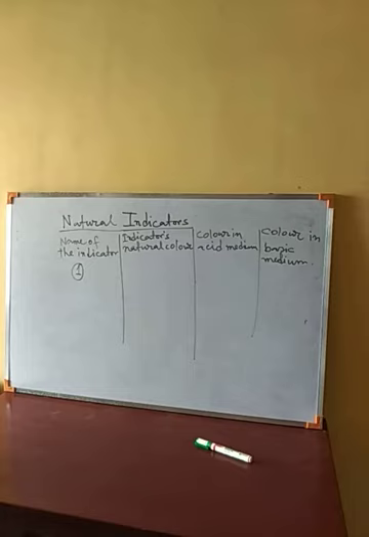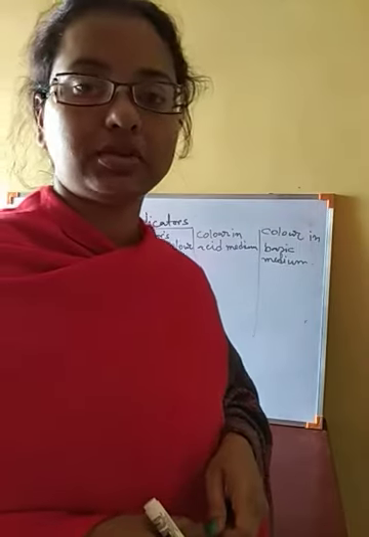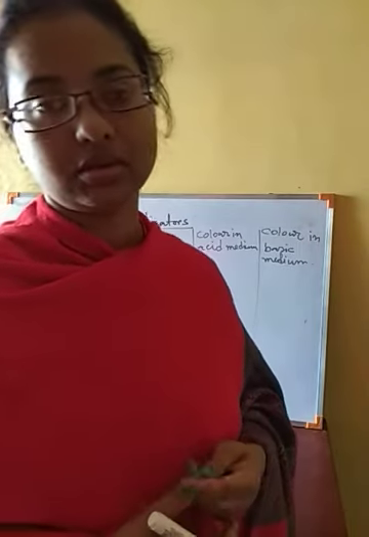And indicators, you choose your own indicators. You just see which natural substances can be used. Okay, you explore. That's all, today up to this only. I just wanted to share this with you.